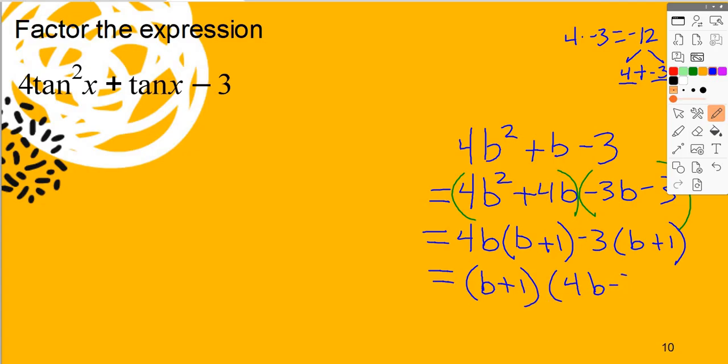And we're left with 4b minus 3. Except, did we have b's in our original expression? No. But again, it's going to work the same way. So instead of a b, I'm just going to put our tangent of x.